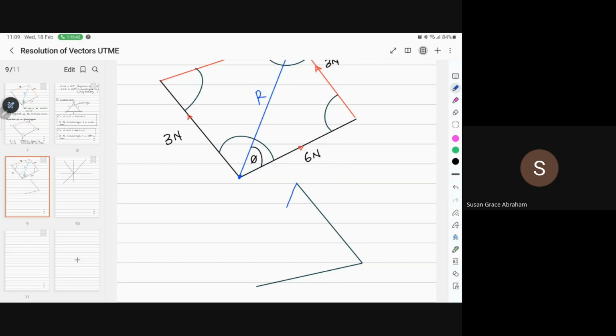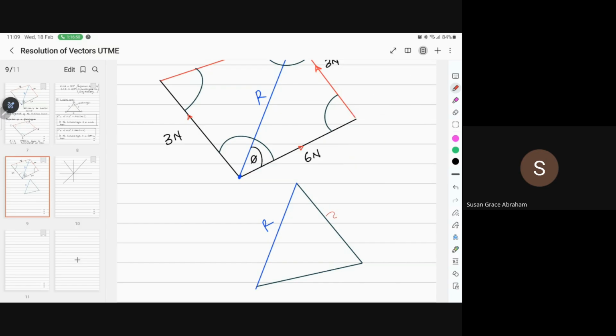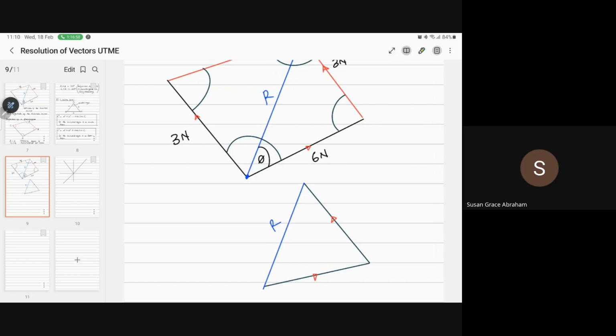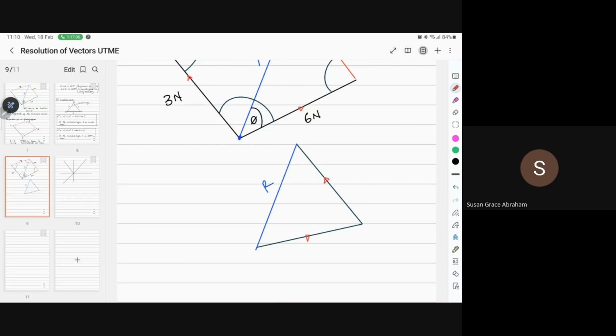Then I'm joining here to here. Now this is my resultant R. Remember we had an arrow right here indicating our 3 Newton. We had an arrow right here indicating another one. So permit me to change these values. Okay, let's leave it at 3 and 6. Any answer it gives us is entirely fine.